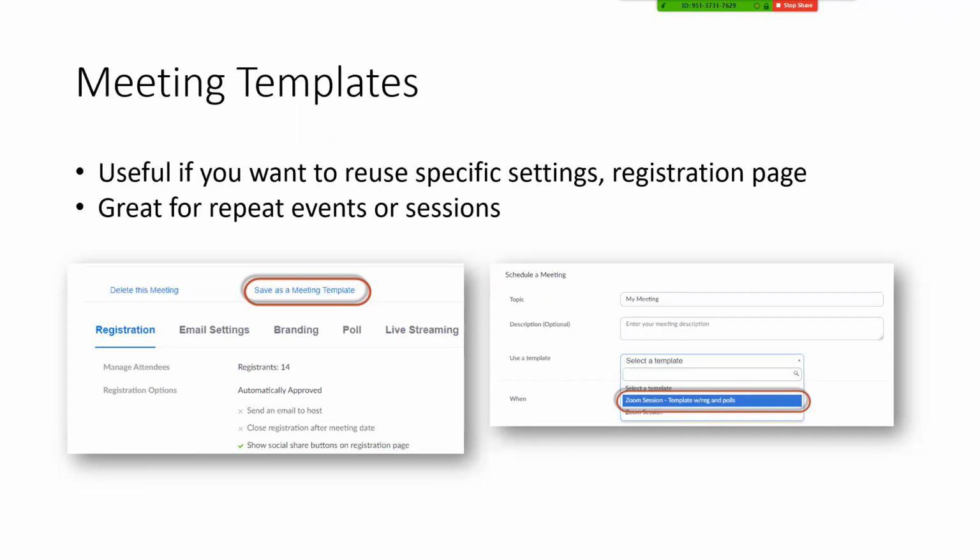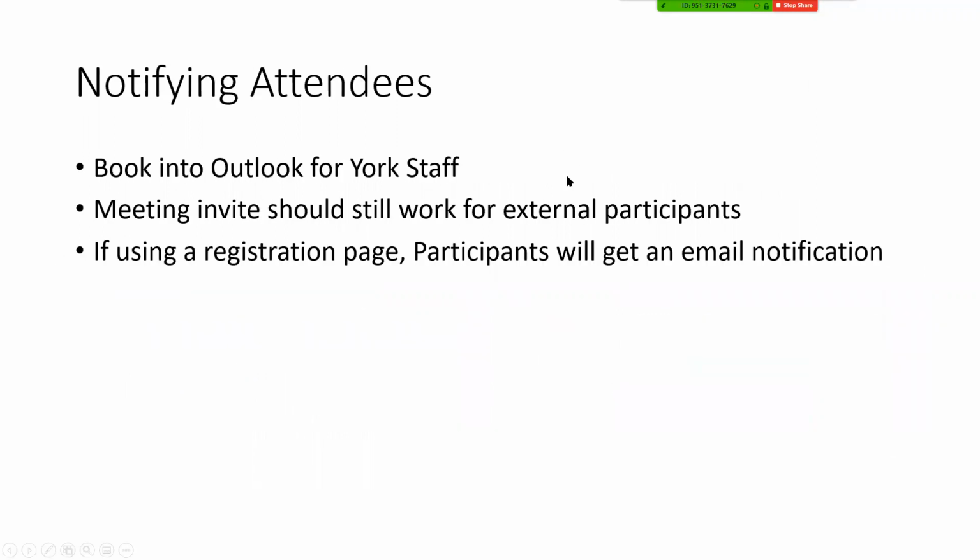Maybe that's good. Maybe that's what you want to see, a total number of people who have ever registered for this one session. But for something like Welcome to York, maybe what you want to do is gather up for the particular sections and see, oh, we had 30 people in this one, we had 40 in the one prior to that, and so on. Okay, so that's one of the benefits of creating a meeting template and scheduling distinct sections there.